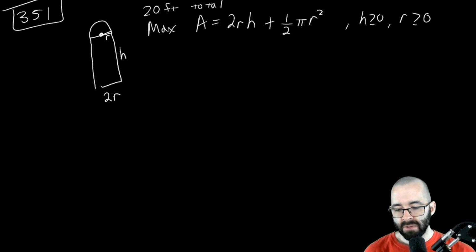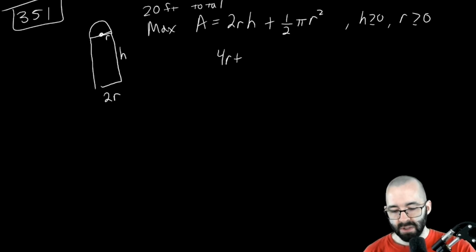But we only have 20 feet total, so the total sum of those lines needs to be 20 feet. So the boundary of the rectangle, which is the bottom plus the top, plus 2 of the sides of the rectangle, plus the top of the semicircle, which is 1/2 of the circumference, 1/2 of 2 pi r.